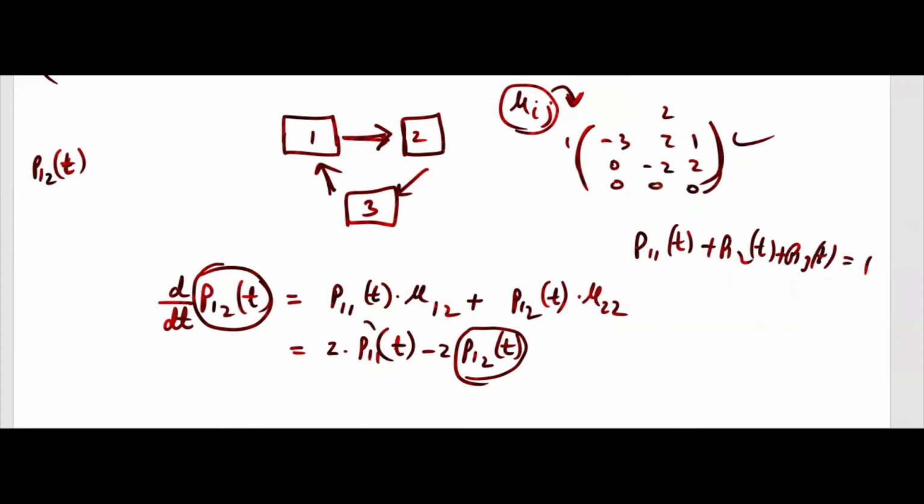If the diagram were a normal healthy, sickness and death model, where from 2 you can come back to 1, then you could find P11 directly using this formula.